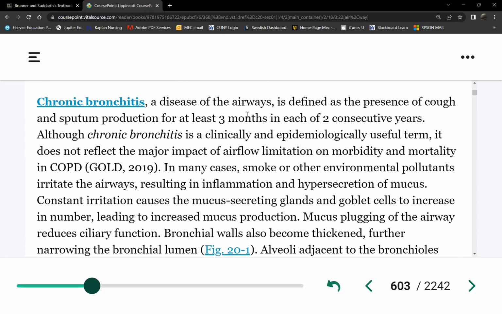Well, we have built-in structures. Number one is the mucus, right? So we have mucus production from our nose, actually, all the way down to the lung tissues. So we have mucus producing cells there that produce mucus, protects us from irritants.